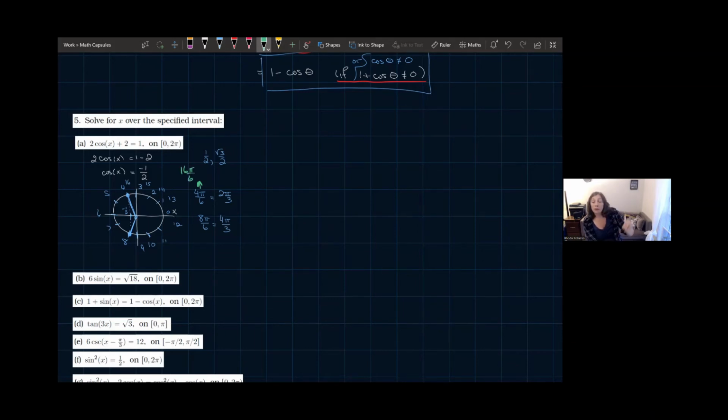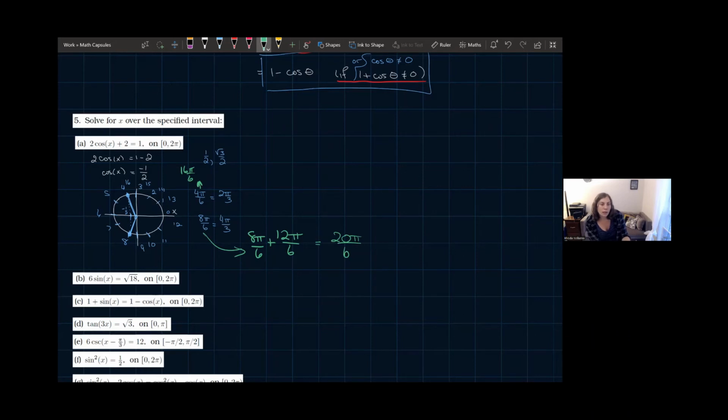Or instead of counting around, basically what I did is I added a full turn, so I added 2 pi. 2 pi you could think of as 12 pi on 6. So if I add 12 pi on 6 to either of these, for example, 8 pi on 6 plus 12 pi on 6, I would get another angle that has that same cosine value.